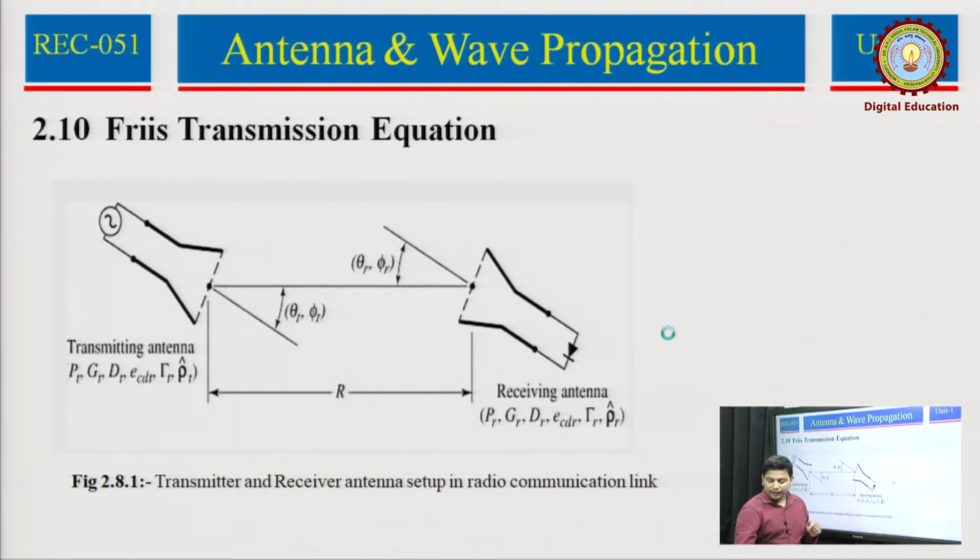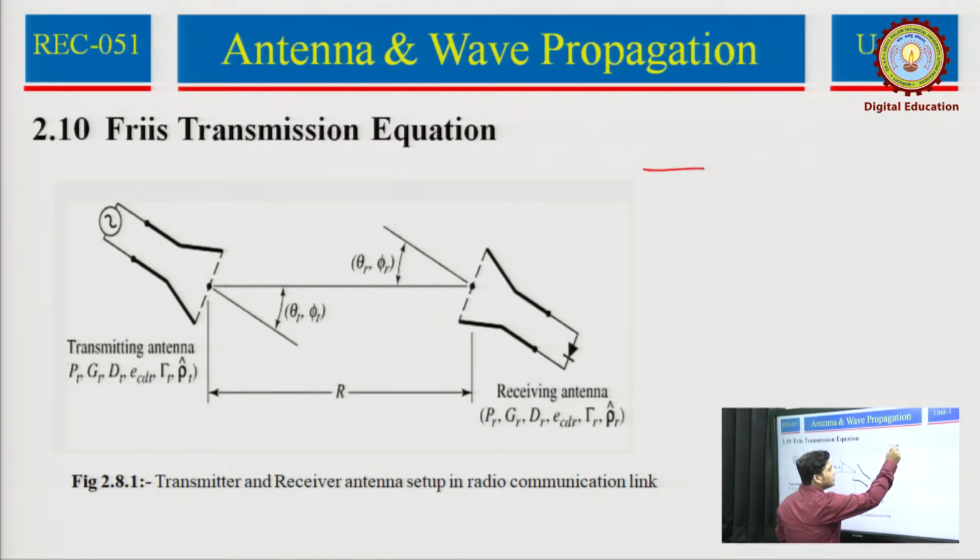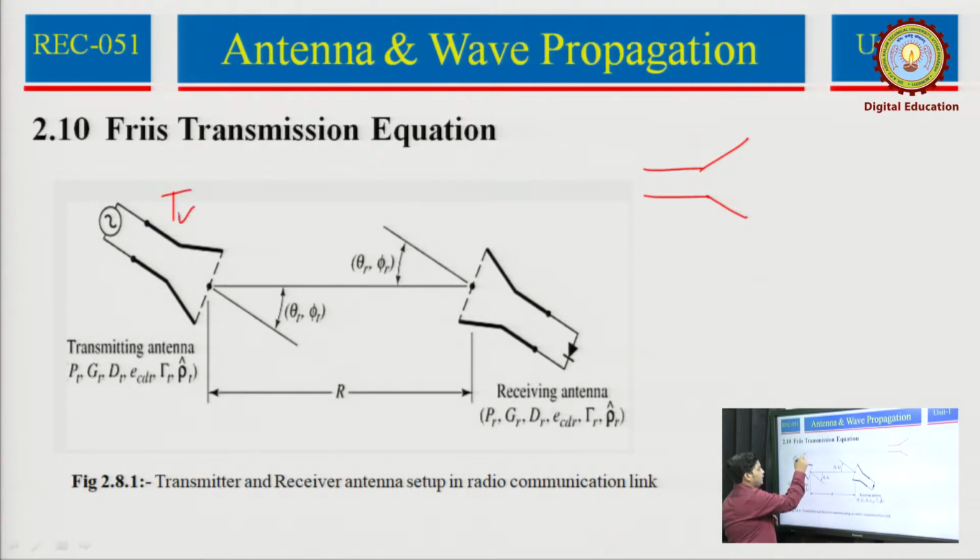So, let us assume we have two identical antennas, and this is nothing but a horn directional antenna. This is the structure of the horn antenna, this side view. This is the transmitter antenna Tx, this is the receiver antenna.